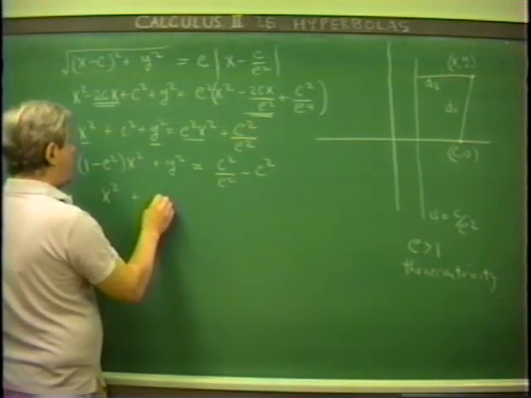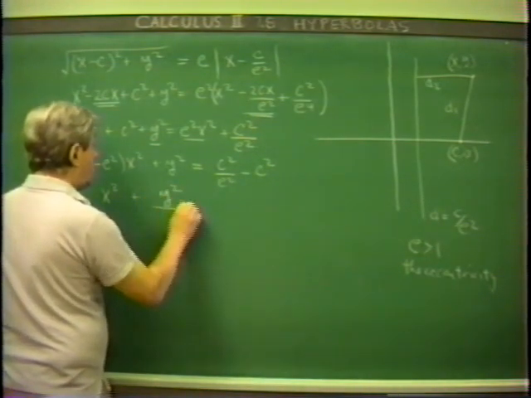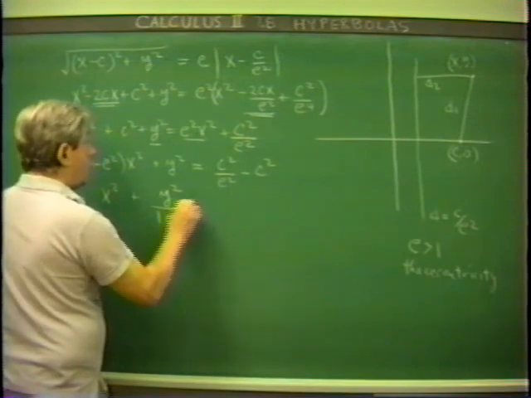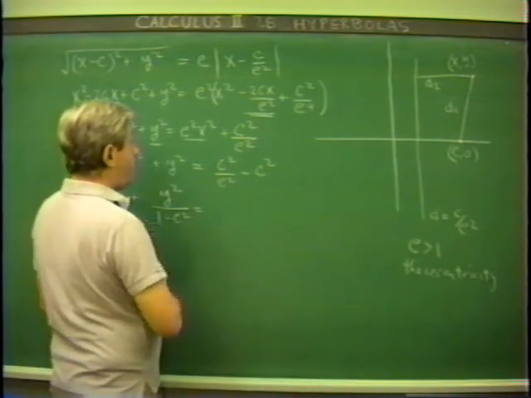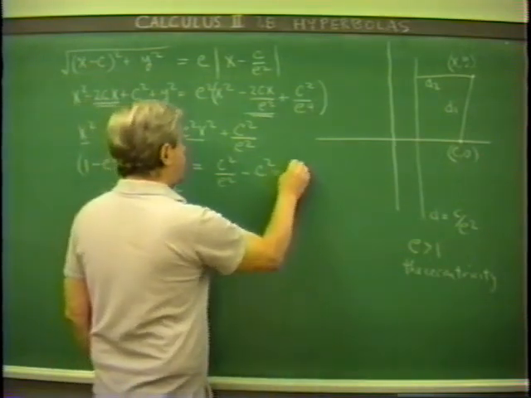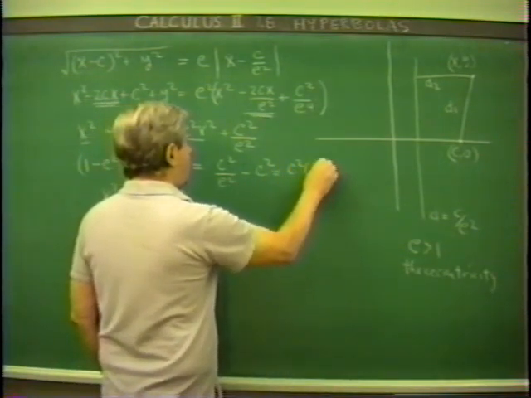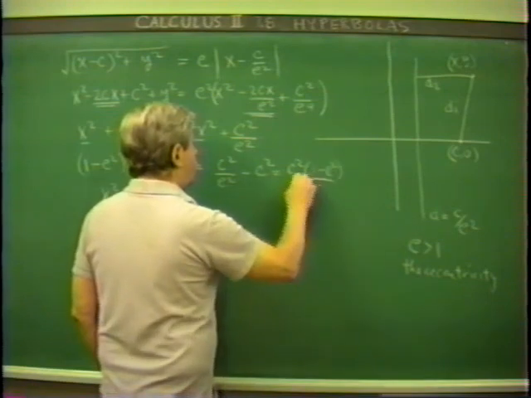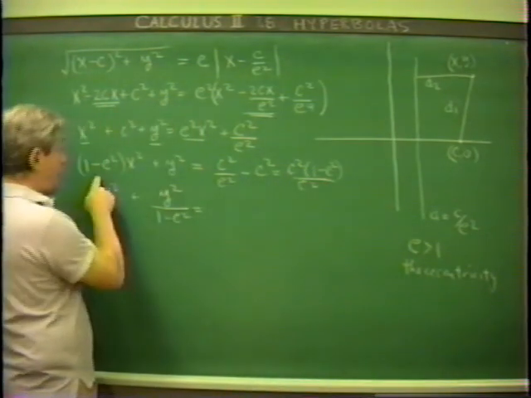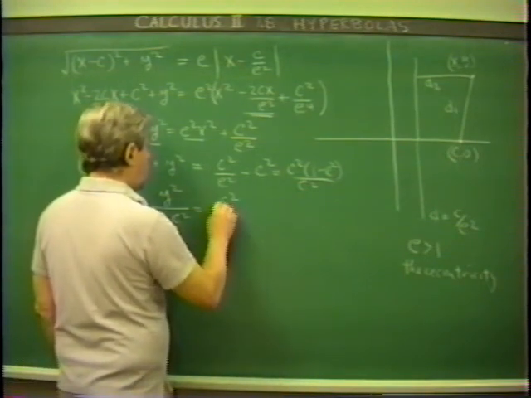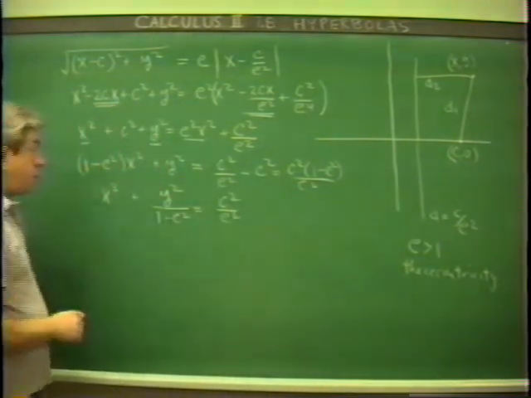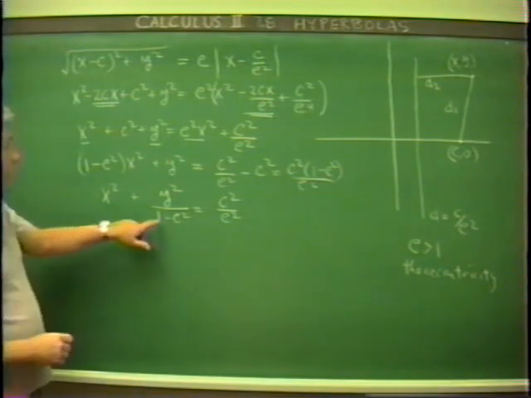We're going to divide everything through by 1 minus e squared, so I'm going to get x squared plus y squared over 1 minus e squared is equal to, if I put this over the common denominator e squared, c squared times 1 minus e squared over e squared. So now dividing by 1 minus e squared gives me c squared over e squared.